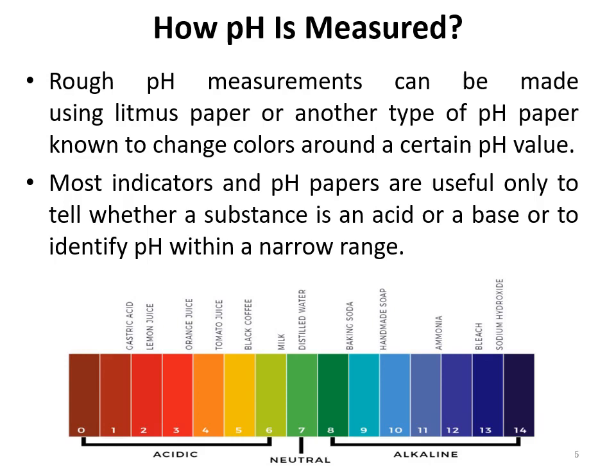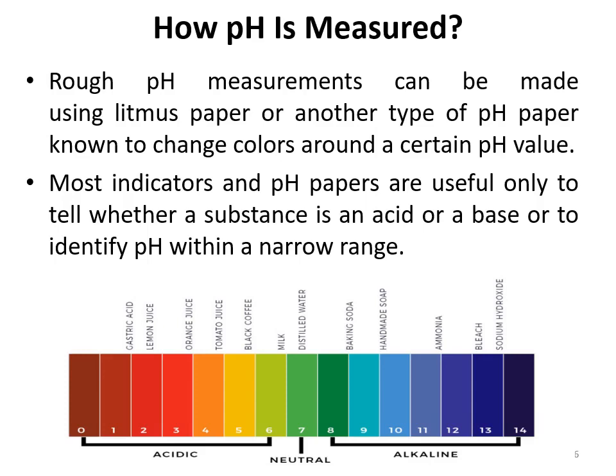Then we have black coffee that is around 5. Milk is slightly acidic in nature and has a pH of 6. Then we have distilled water that is neutral and doesn't have any acidic or basic properties.